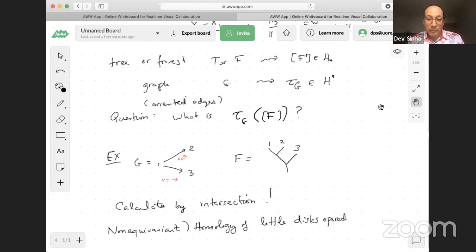But let's get back to how we would calculate this intersection. Say F is the submanifold where, let's just think in the plane, I've got an orbital system where points 1 and 2 are orbiting each other, and then point 3 is orbiting antipodal to their center of mass.